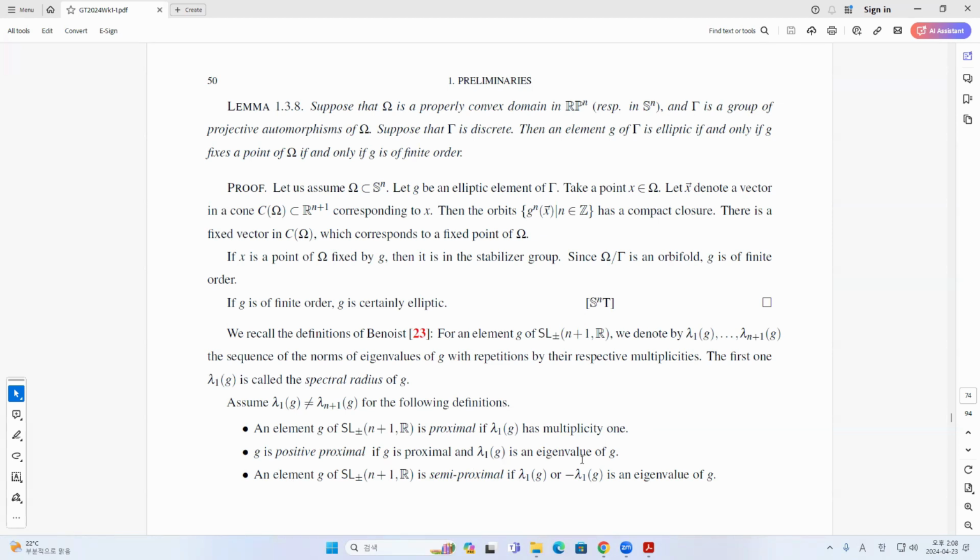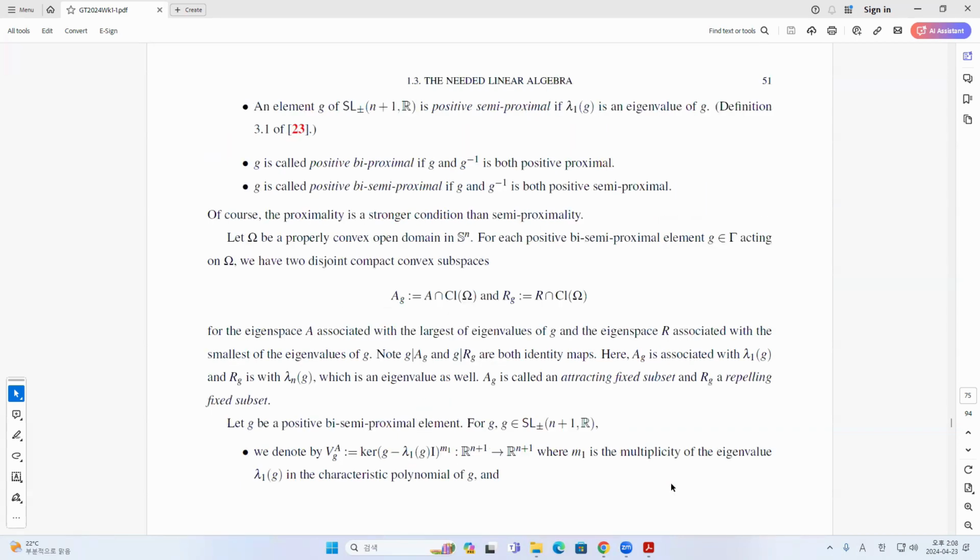Positive proximal if g is proximal and lambda one is an eigenvalue of g. An element is semi-proximal if lambda one of g or minus lambda one of g is an eigenvalue of g, and it's positive semi-proximal if lambda one is an eigenvalue of g. And g is positive biproximal if both g and g inverse are positive proximal.